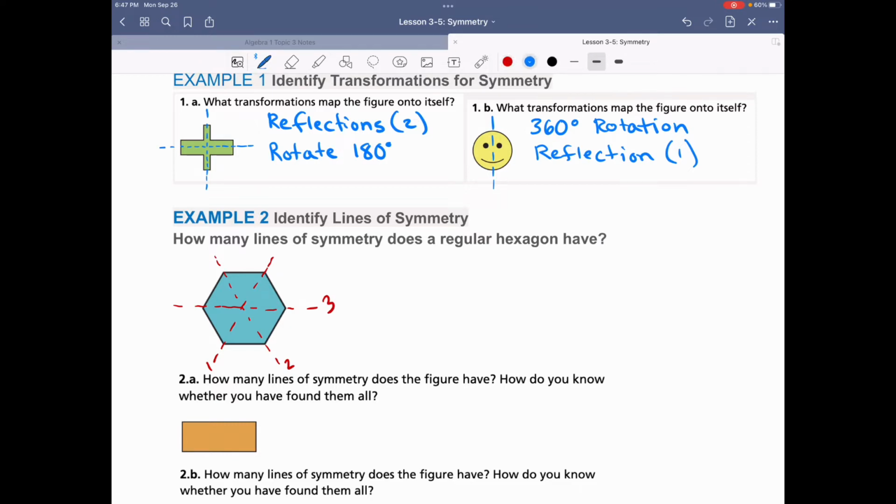And then we can also go through the center of each side. That would be fourth, fifth, and a sixth line of symmetry. And that is all of the lines of symmetry that a regular hexagon has. So it has 6 lines of symmetry.